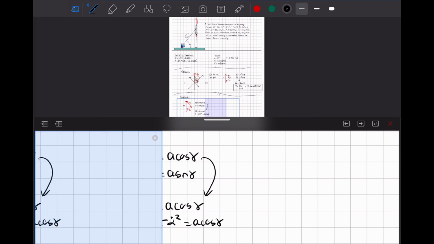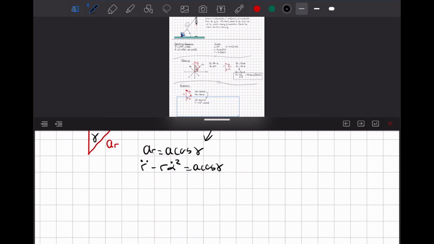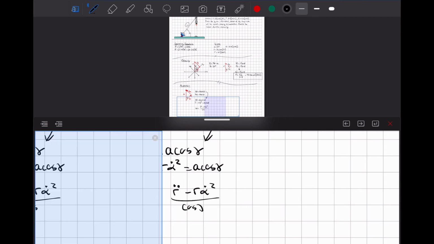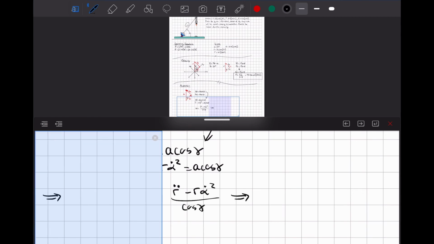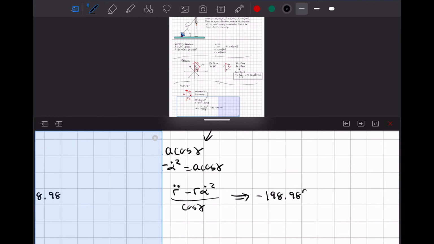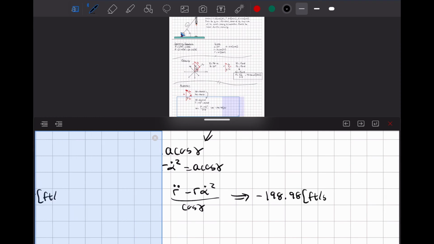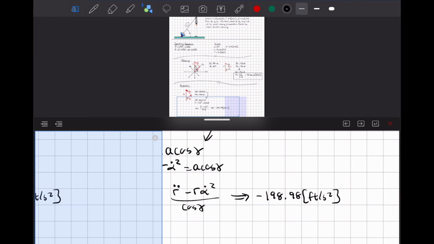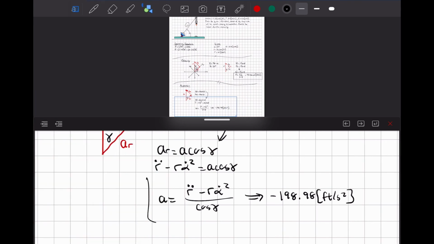Finish that expression up, then just dividing through by cosine gamma, we get an expression for the acceleration. And if you go ahead and plug everything in, you'll see that the acceleration is negative 198.98 feet per second squared.